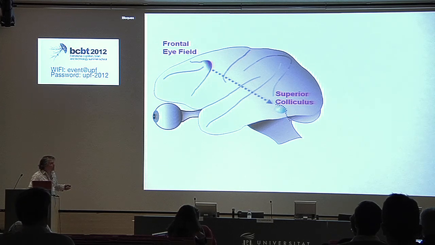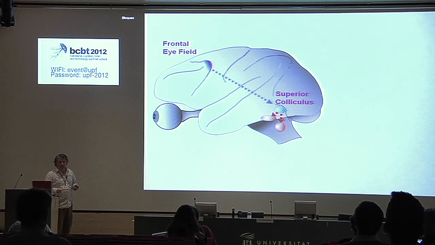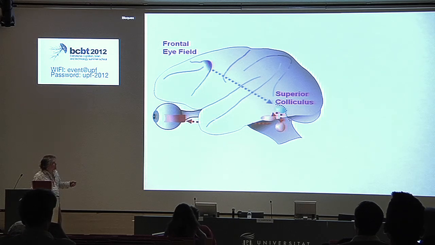From the superior colliculus, strongly motor-related signals are sent down to the pons and reticular formation, and within a couple synapses, they drive the motor neurons that actually innervate the muscles and move the eyes. So this is the basic sensory motor loop from retina to V1 up to upper levels of cerebral cortex and the frontal cortex, particularly the frontal eye field, down to the brainstem, and then the eyes move.